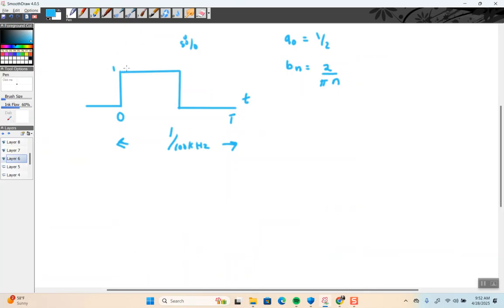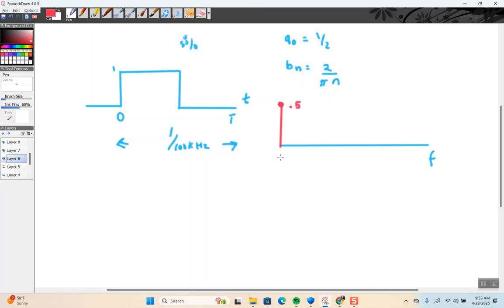So this is a 50% duty cycle square wave, except now it's 100 kilohertz, right? And we can plot this out, except it's a linear scale now because we have zero. So A naught is at zero frequency, right? And that's 0.5.